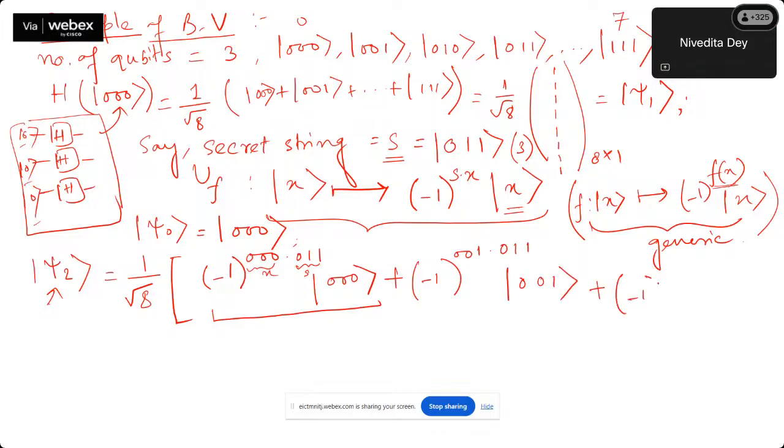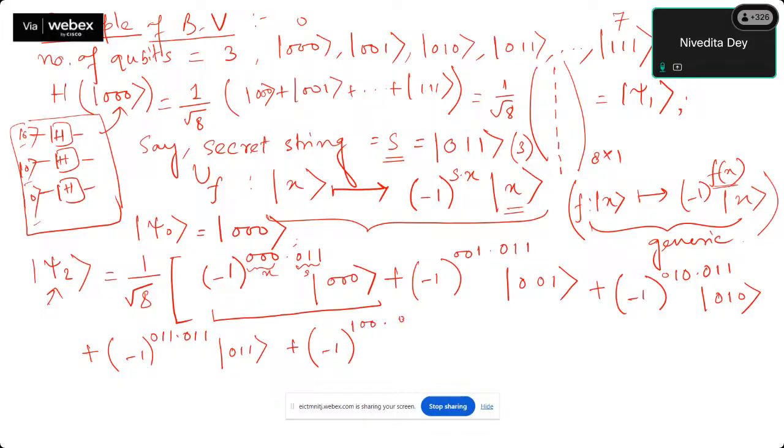There shouldn't be any doubt to understand this. Then the next one will be 011, then it's ket 011 plus -1 to the power 100 dot 011, ket 100, plus -1 to the power 101 dot 011, ket 101, plus -1 to the power 110 dot 011, ket 110.